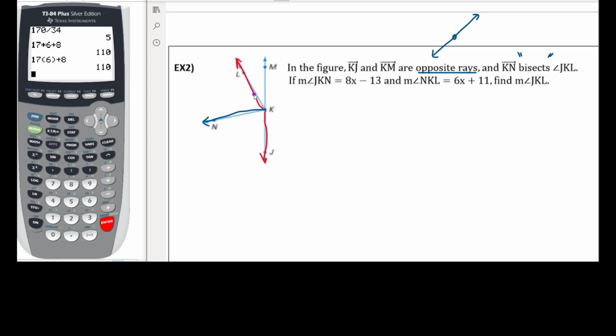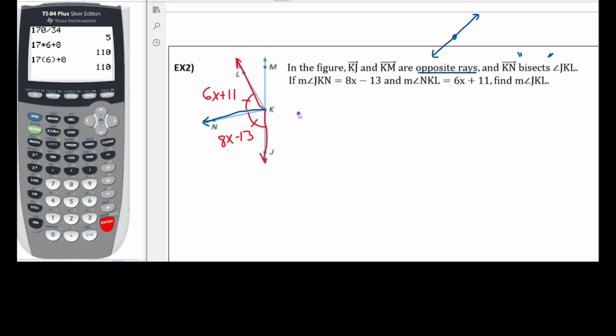So with that information that it bisects, I can draw this little symbol right here, and you notice the tick mark, that means they are equal to each other. And then the problem says that JKN is 8x minus 13, and NKL is 6x plus 11.